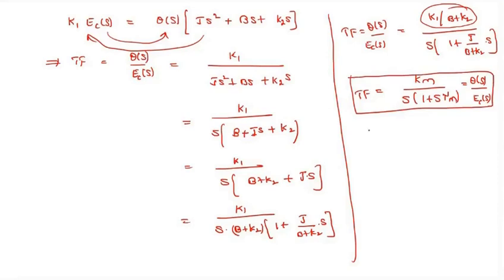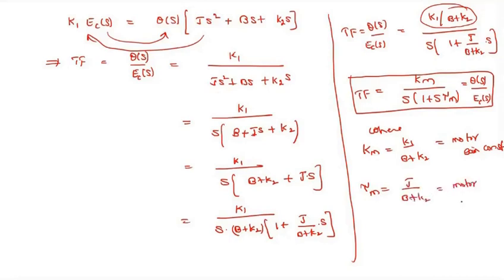Here Km is nothing but K1 by (B plus K2), which is the motor gain constant. Similarly, tau m is nothing but J by (B plus K2), which is the motor time constant.